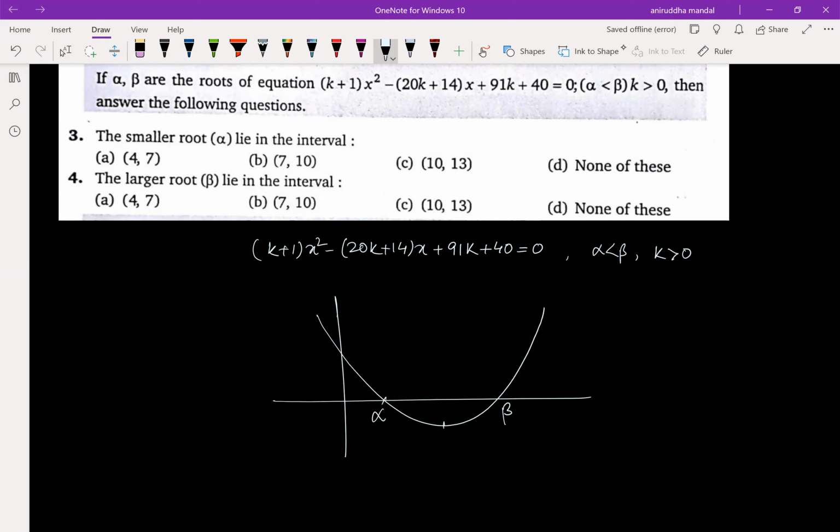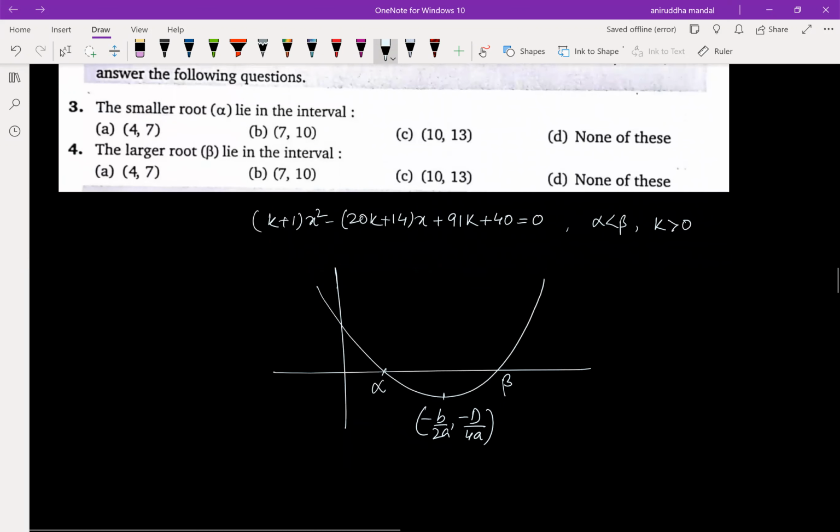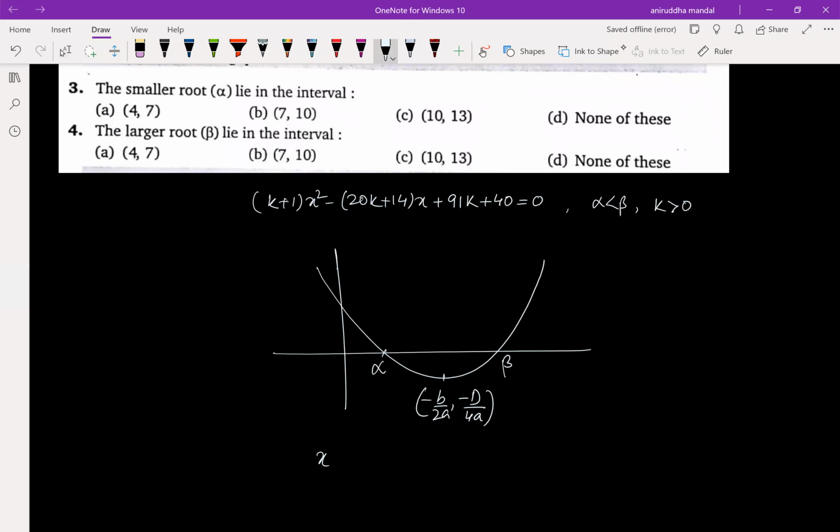So this value is attained at minus b by 2a, and its value is minus D by 4a.